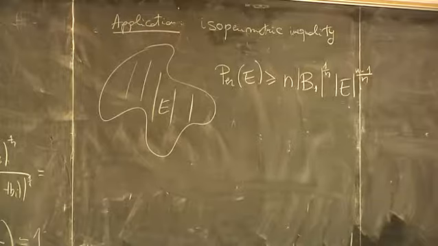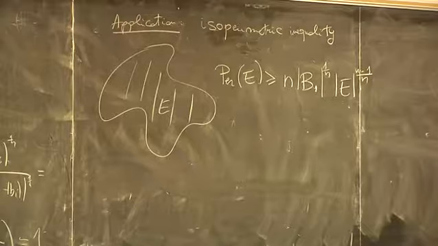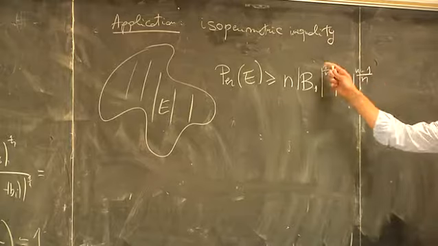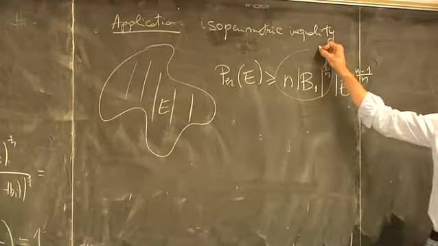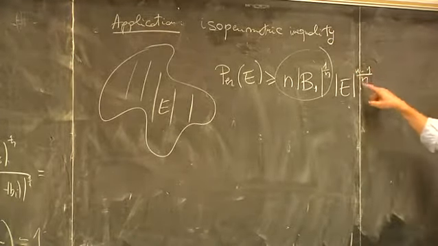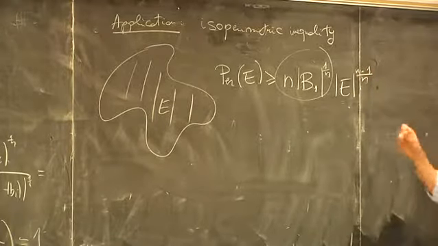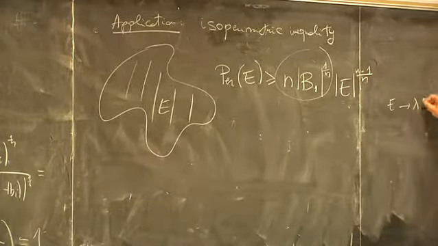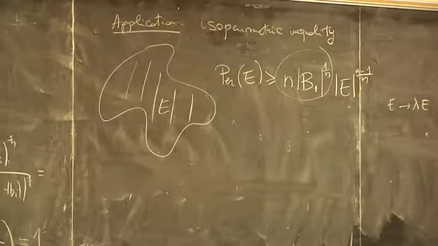So the perimeter of a set controls how much volume you can put inside. If you give me some perimeter, you cannot put too much volume. This constant is just a number which depends on the dimension. This exponent is natural, because if you take a set E and you dilate it, you consider lambda E, you see that the perimeter of lambda E is equal to lambda to the n minus 1 times the perimeter of E. The surface area dilates like lambda to the n minus 1, just because it's an n minus 1 dimensional object.